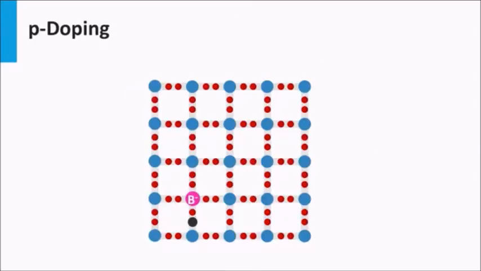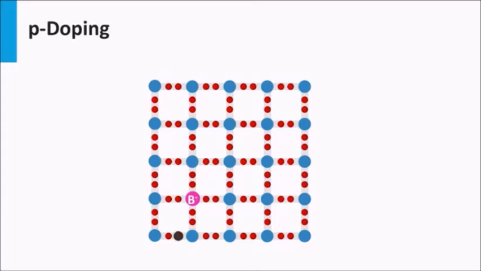Secondly, we are going to intentionally put boron impurities in the silicon network. Since the boron atom has only 3 valence electrons, it is missing 1 electron to make a molecular bond with its 4 neighboring silicon atoms. As a consequence, 1 molecular bond is filled with only 1 electron. This entity is the same as the hole. This extra hole is easily excited to a free mobile state as well.